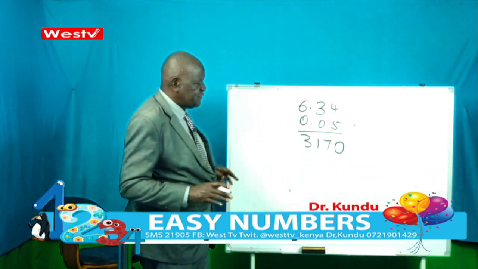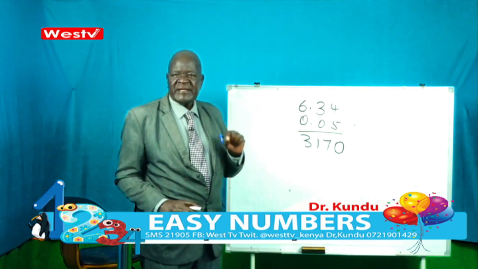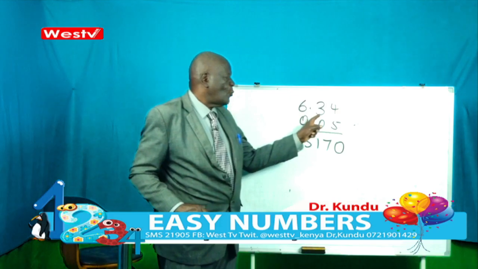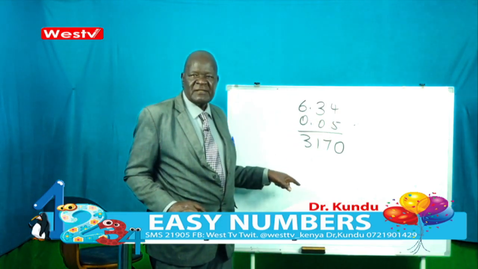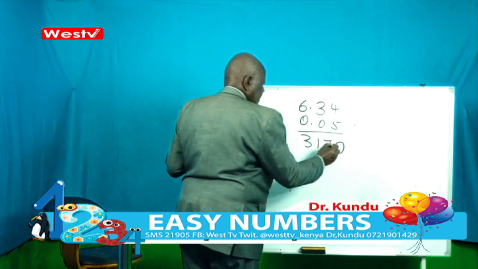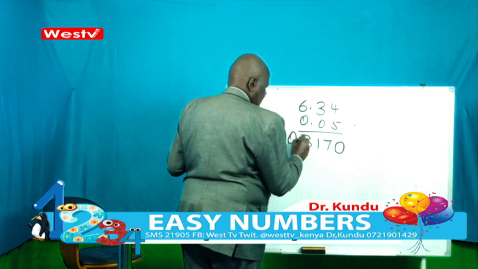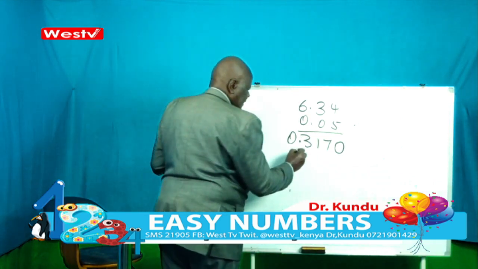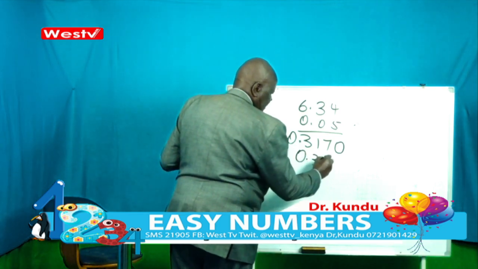Once I've gotten to the answer, then I come back to the decimals that I've set aside. How many were they? 1, 2, 3, 4. So I put in this answer 4 decimal places. So my answer is 0.3170, which can be correctly written as 0.317.